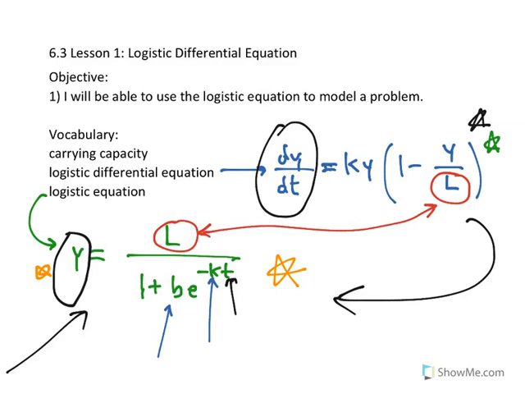Some things to note about the logistic differential equation is that K is positive, and it is the same value here as it is in the logistic equation for K. When the population Y is less than the carrying capacity, Y divided by L will be less than 1, so the factor 1 minus Y over L will be positive, and the rate of change of the population will be positive, which means the population will be growing when the population is less than the carrying capacity.